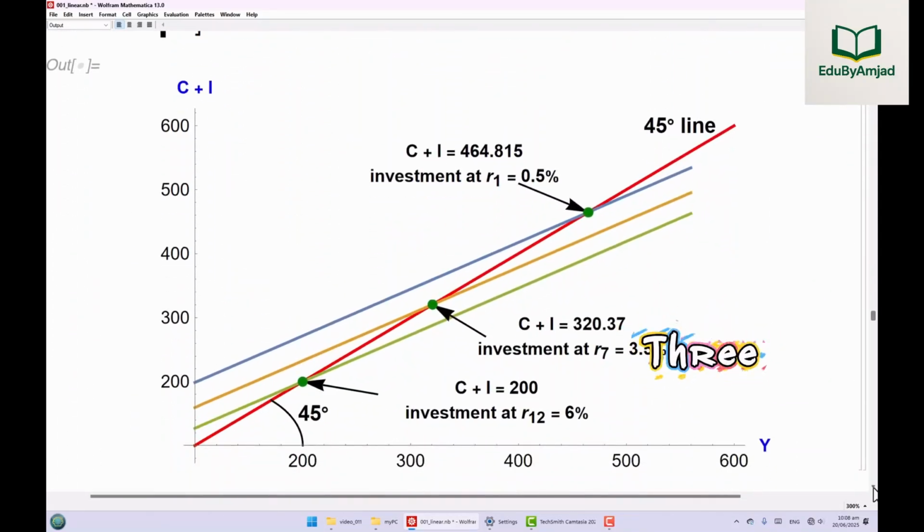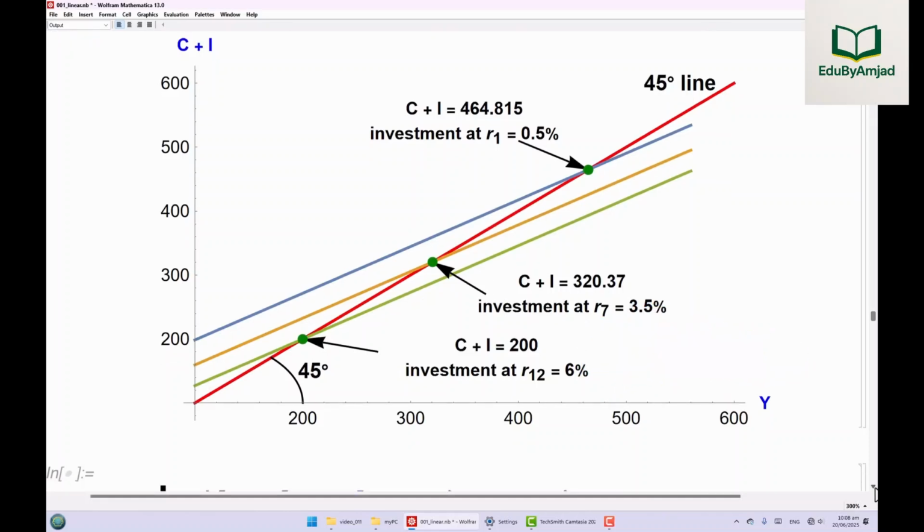Here we show only 3 cases for a better view: equilibrium income levels with interest rates 0.5%, 3.5%, and 6%.